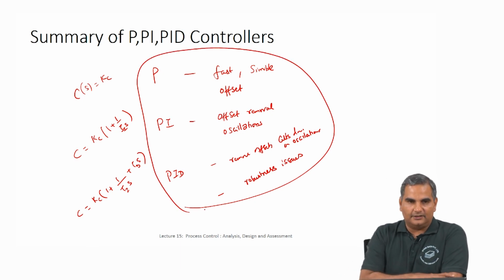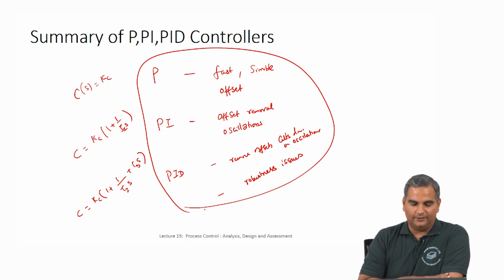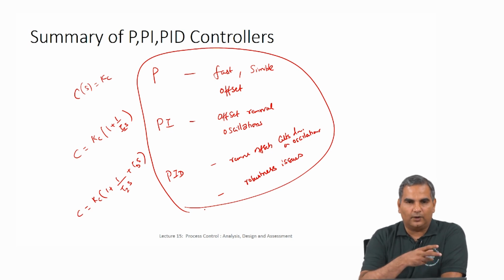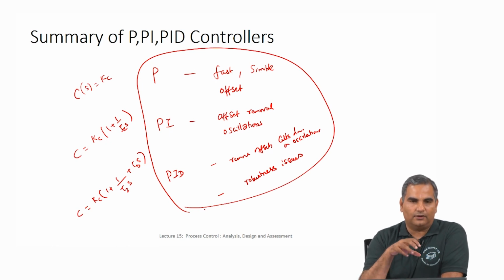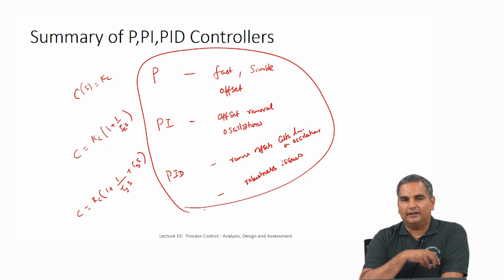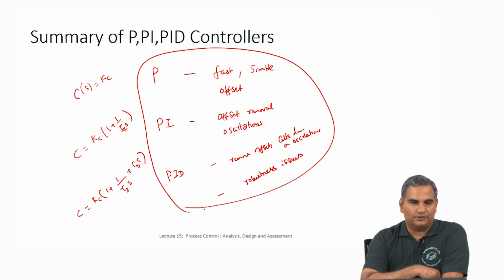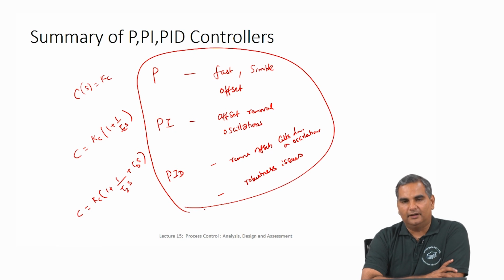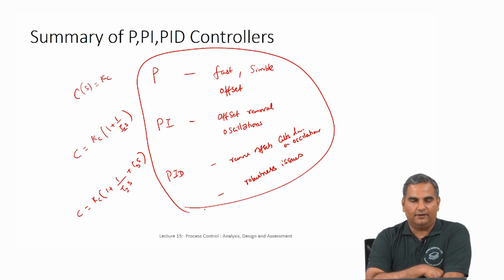So, we end this lecture here, and in the next lecture we will talk about how to analyze the stability of closed loop systems. The way I have been teaching is I have talked about how you analyze open loop systems using the partial fraction idea, and then I talked about stability of open loop systems by saying, all you need to do is look at the roots of the denominator and then see what happens, and if every root is in the left half plane, then the open loop system is stable.